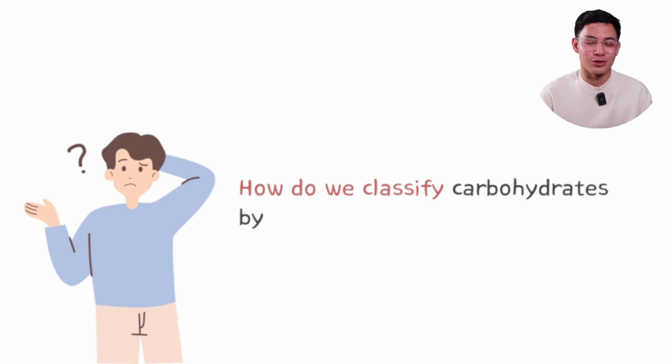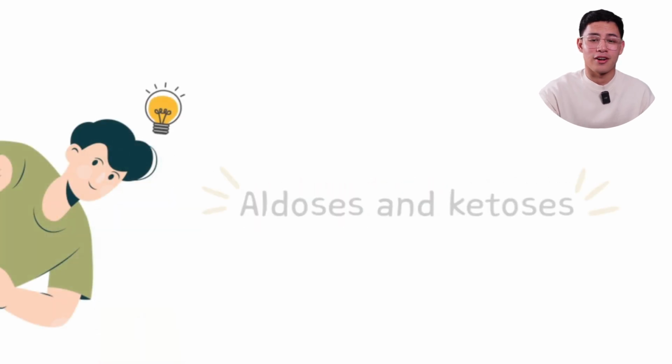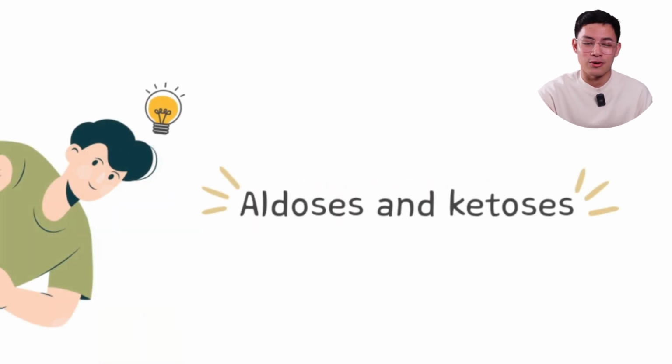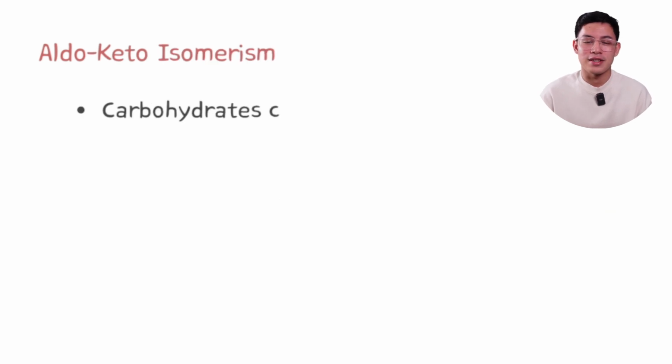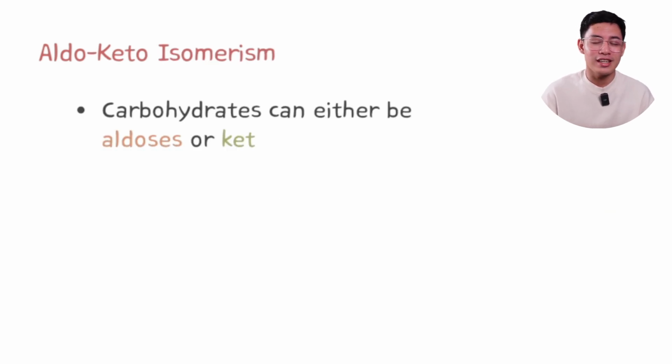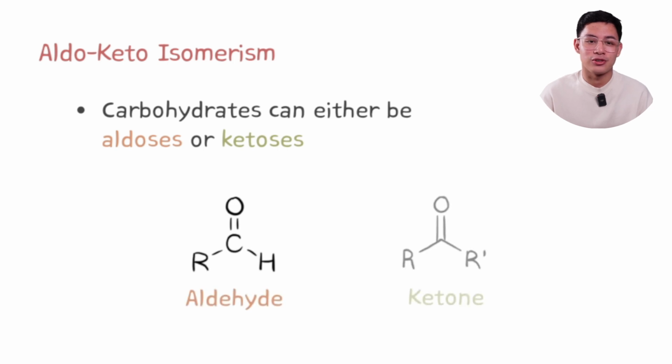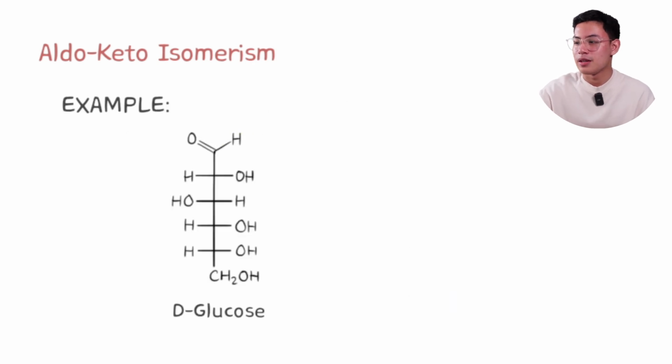Recall that carbohydrates can be classified by their functional group, and we do so by calling them aldoses and ketoses. What this means is that your carbohydrates can either be an aldose or a ketose, depending on the functional group they have, whether it's an aldehyde group or a ketone group. Here are some examples.